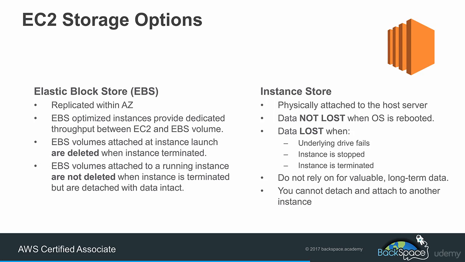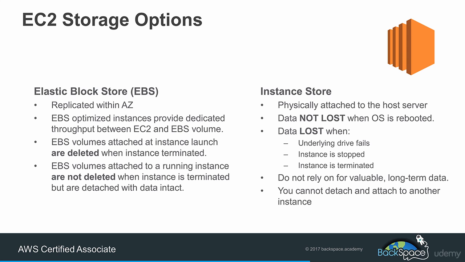So there are a number of EC2 storage options. The first one is the instance store. That is physically attached to the host server. Now, when the operating system is rebooted or that instance is restarted, data is not lost. So the data is maintained there, but you need to consider that data is definitely lost when an underlying drive fails, or if you have an EBS backed instance and that is stopped.